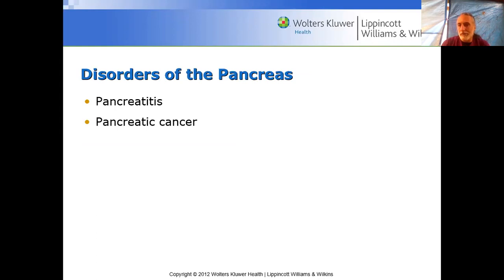Pancreatic disorders. I'm going to throw one more piece into this too. So pancreatitis, inflammation of the pancreas. Now the pancreas is an accessory organ of the GI tract. It is an endocrine gland, and it is an exocrine gland, meaning secretes into the bloodstream, secretes onto a surface.